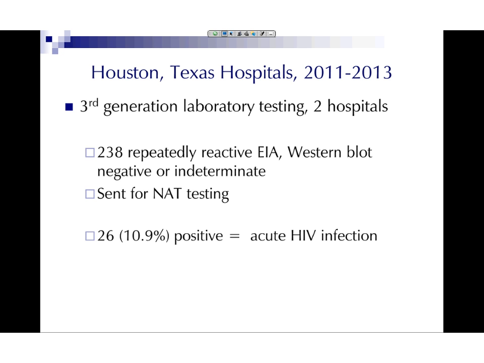And so this is really, I think, the important evidence that it's not only the fourth generation test that makes a difference with the Western blot, but third generation assays as well will detect people who have HIV infection with negative or indeterminate Western blot results. And so whether people are screening with a third generation or a fourth generation assay, if the Western blot is negative or indeterminate, additional testing has to be done to find those people with acute HIV infection.